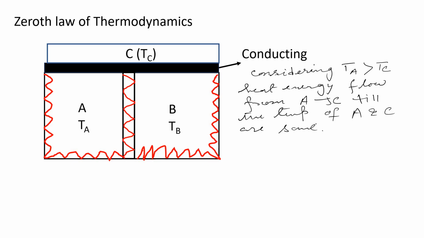Okay. Now, what will happen? The same thing happens with B and C, because here also it is conducting. So suppose TC is greater than TB, then what will happen? Heat flows from C to B till the temperature remains constant.